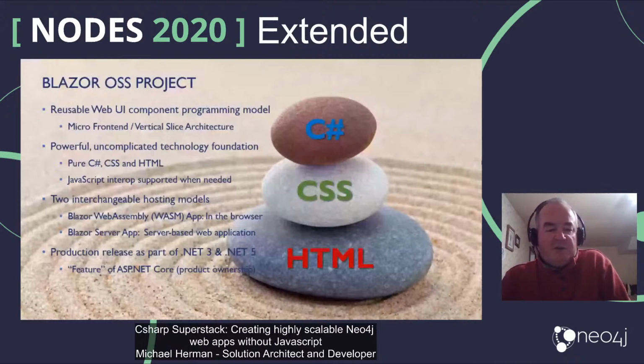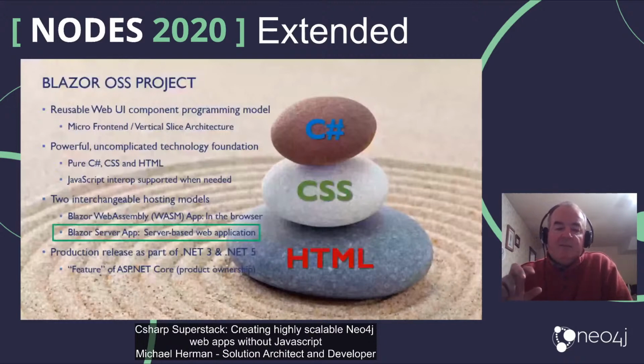The two hosting models: Blazor WebAssembly, for apps that run entirely in the browser using the WebAssembly or WASM virtual machine that's available in most browsers today. And the one that we're focusing on is Blazor Server apps, where the executable code runs entirely on the server and then projects down a traditional HTML web user interface into your browser.